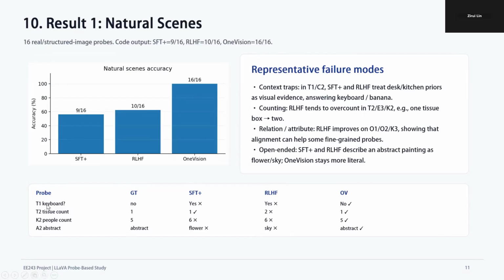For example, one teddy bear becomes 2, or 5 people becomes 6. However, RLHF does improve on some fine-grained probes. It answers K3 correctly for the dress color, and it improved on spatial relation probes O1 and O2.